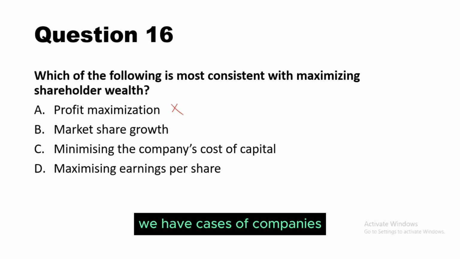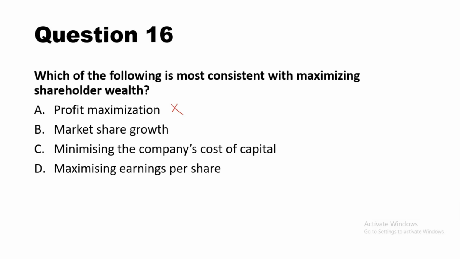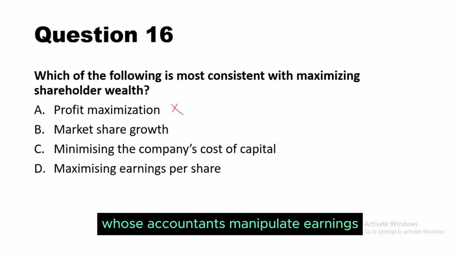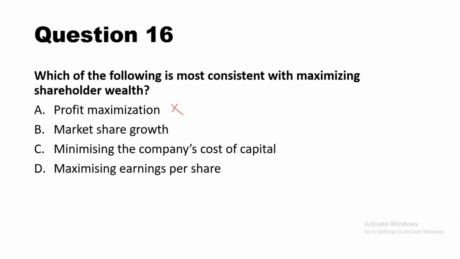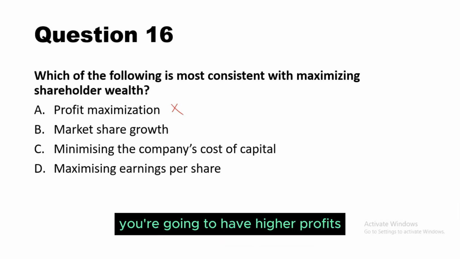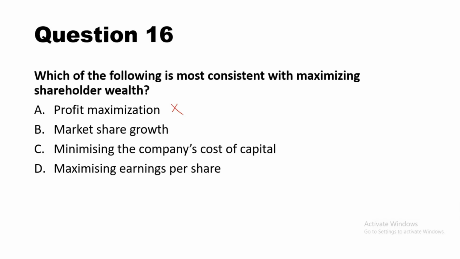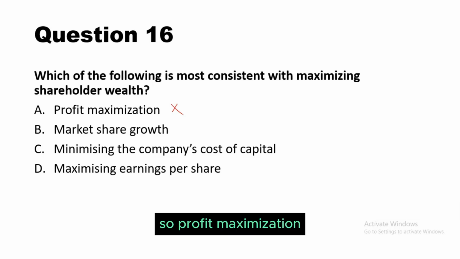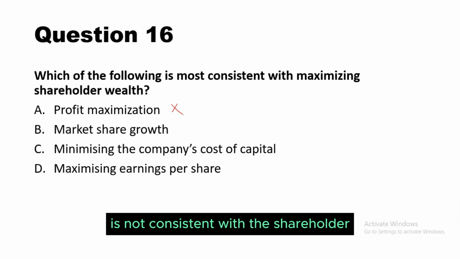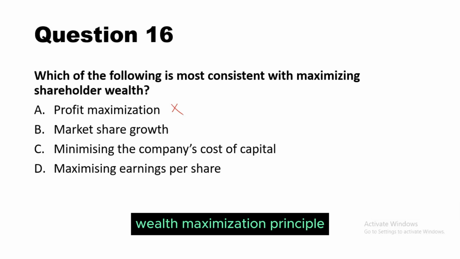Remember, we have cases of companies whose accountants manipulate earnings. For example, if you keep a lot of closing inventory, you are going to have higher profits, but that inventory might not be sold. And by the end of the day, the wealth of shareholders will be at stake. So profit maximization is not consistent with the shareholder wealth maximization principle.